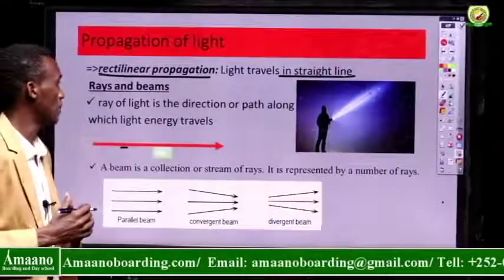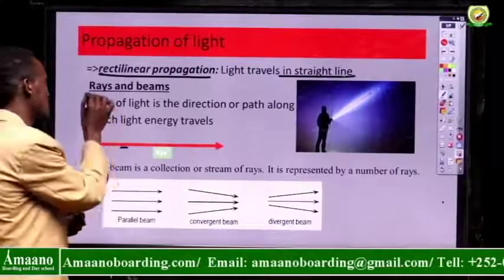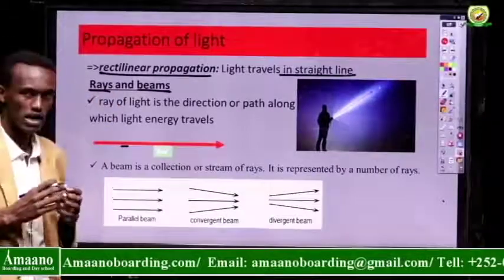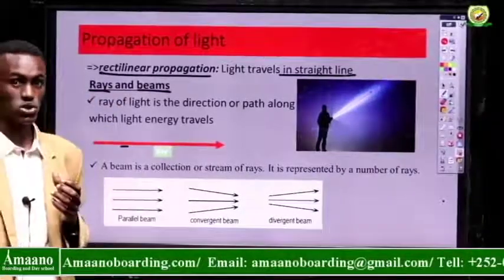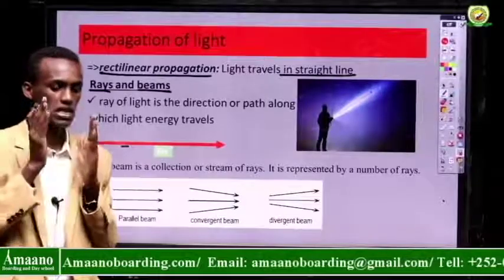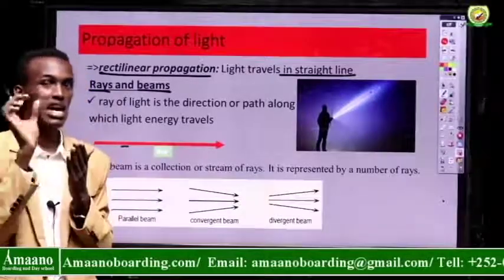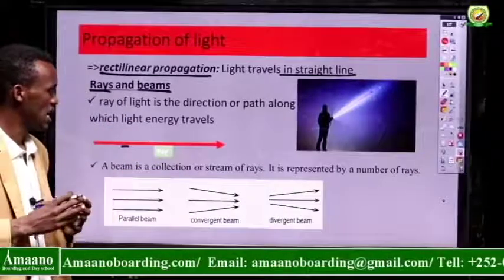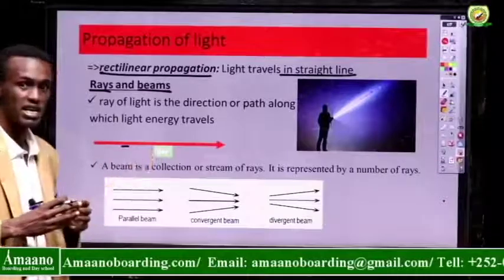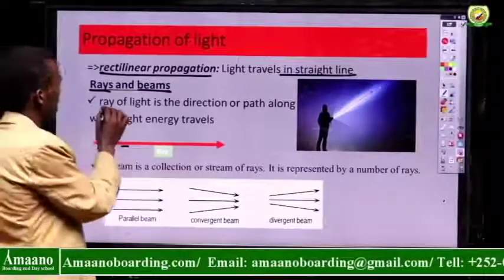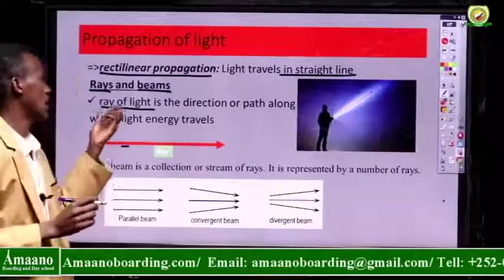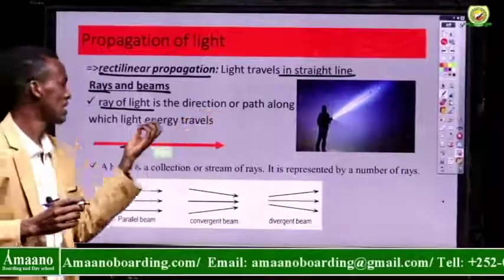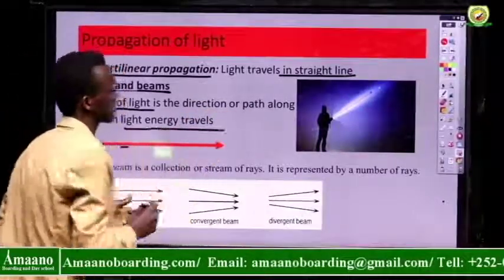Okay, rays and beam. What is a ray, and what is a beam? A ray can be taken as the direction of light in one path. When the light takes one path, it is represented by an arrow. So a ray of light is a direction or path along which light energy travels.